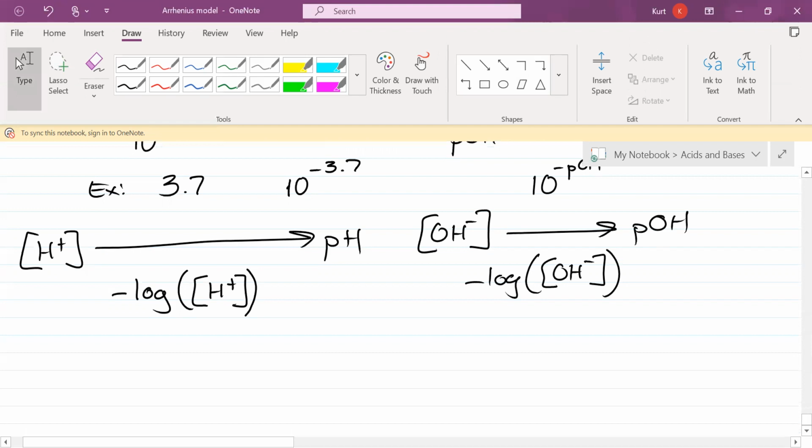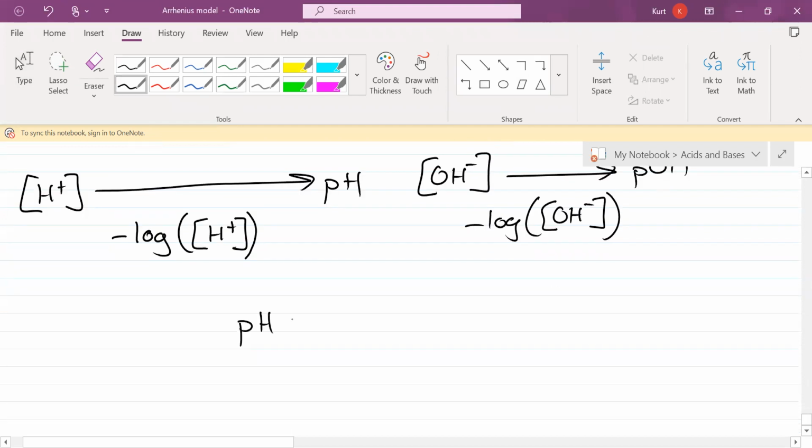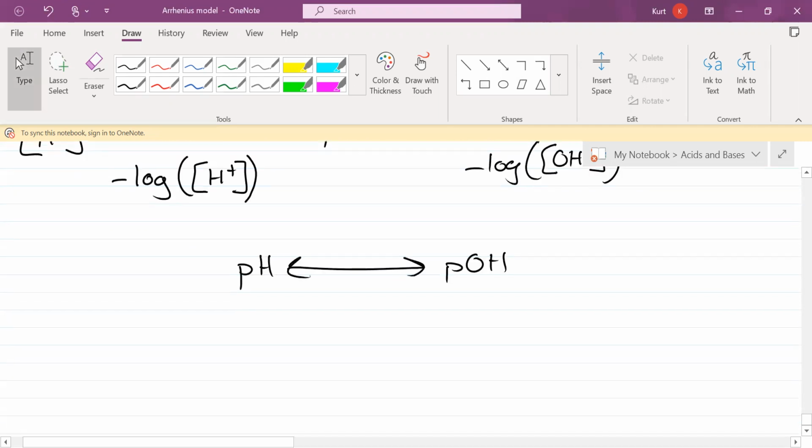And finally, what if I have pH and I'm trying to find pOH? How do you go back and forth between those two? Go ahead. 14 minus pH. You do 14 minus pH to get pOH, or you could do 14 minus pOH to get pH.